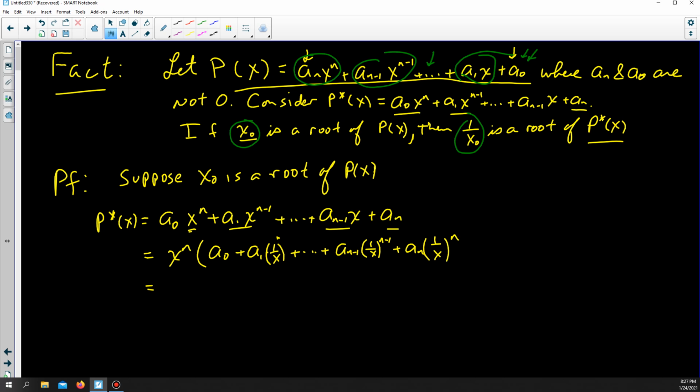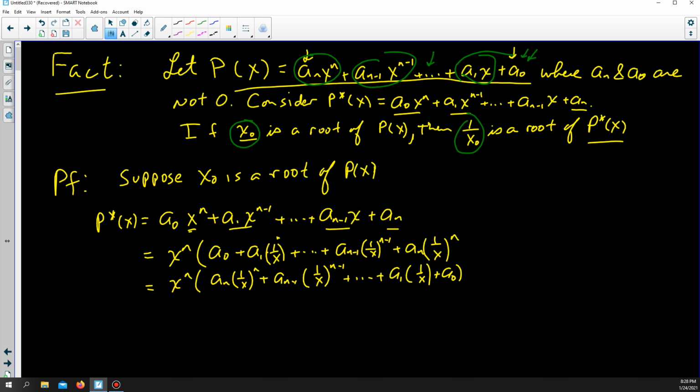Now, just reversing the order, we have a sub n, 1 over x to the n plus a sub n minus 1, 1 over x to the n minus 1, all the way down to a1, 1 over x plus a sub 0.